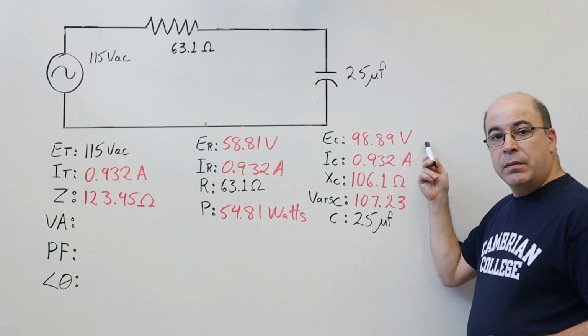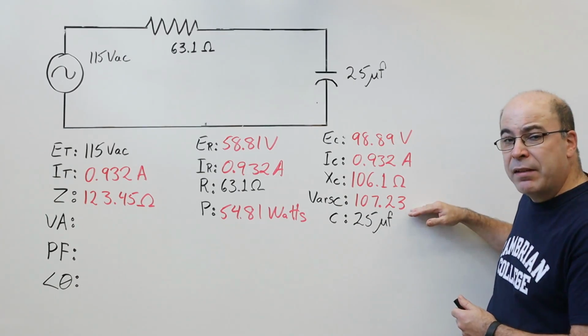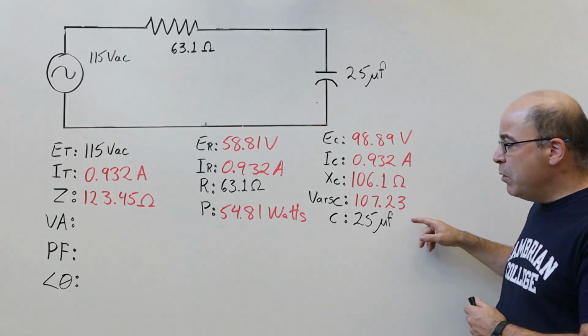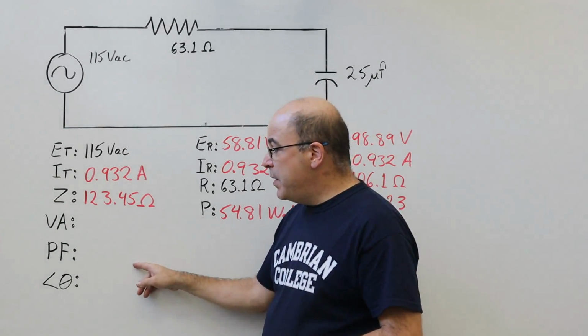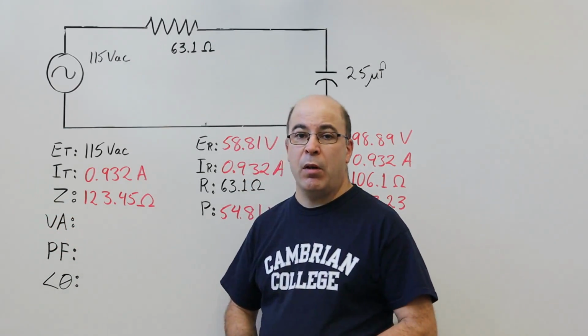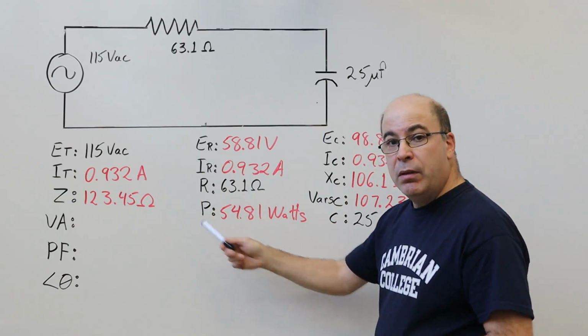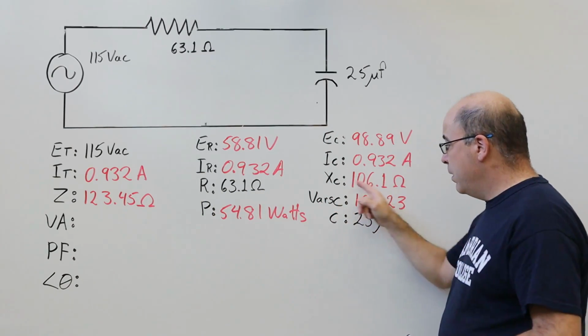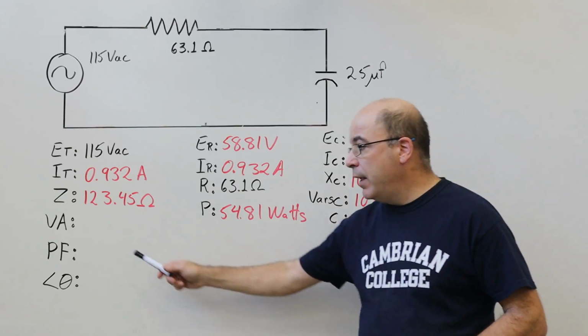Now that I've marked down the values of the voltage drop and of the reactive power, we can go back and solve for the remaining values for the entire circuit, specifically the VA, or the apparent power. I will use the value of power and the value of var C, or power from the capacitor, in order to calculate the VA.